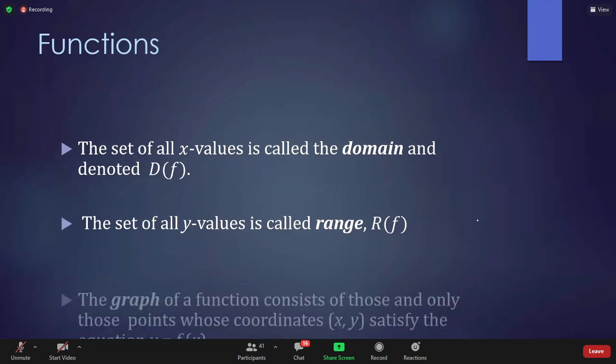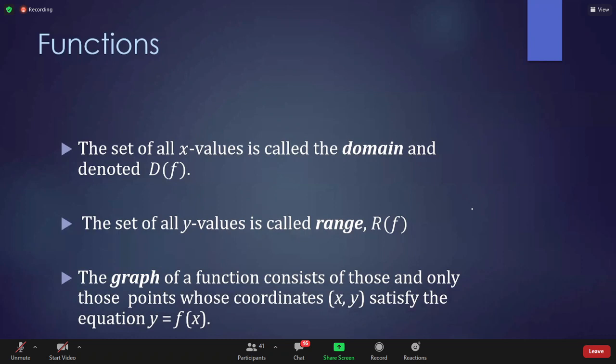The graph of the function. Evidently, the graph of the function is very similar to the curve in Cartesian coordinates. Remember that we also had a curve, which was actually described as a locus of all points having a certain property. Here again, it's the locus of all those points whose coordinates satisfy the equation, which is basically the same as in analytical geometry, where we had curves, points whose coordinates satisfy the equation.